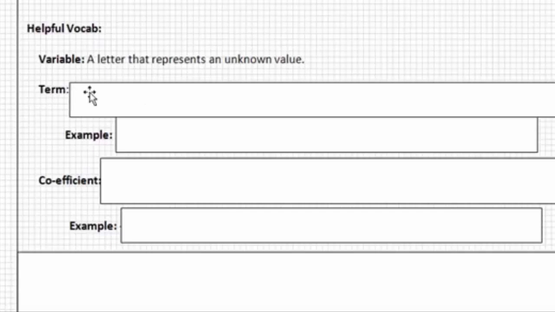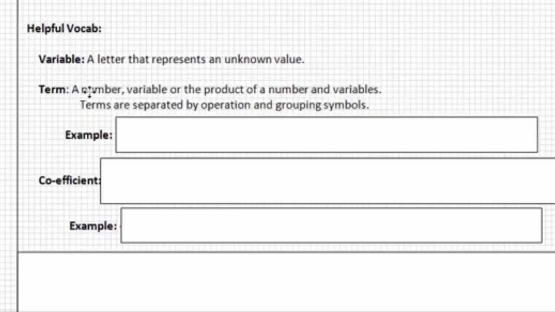A term is a number, a variable, or the product of a number and variables. So a product of a number and a variable would be like when you see a number and a variable written right next to each other with no operation sign in between them. And terms in either an equation or an expression are separated by operation and grouping symbols.